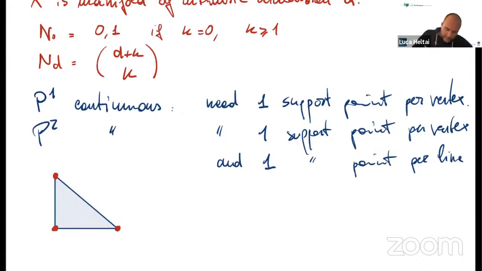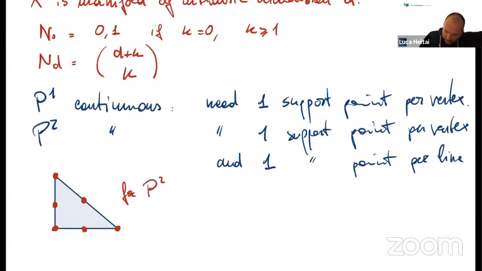This is a space which is P1. If I look at the edge, if I want to have a P2 space for the edge, I need 3 support points. And so I take an additional one and I put it in the edges. Okay? And since the restriction on each one of the subelements contains the number of support points that are required to construct the space of the relevant dimension, then I exhausted the support points in 2D, for example, for P2.